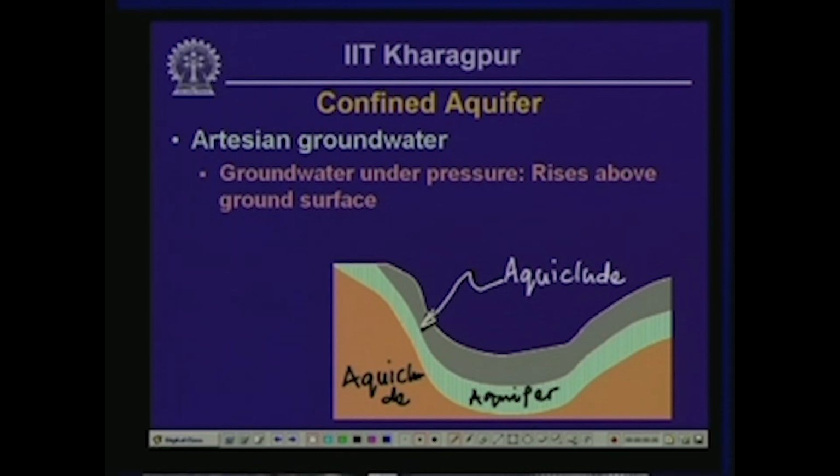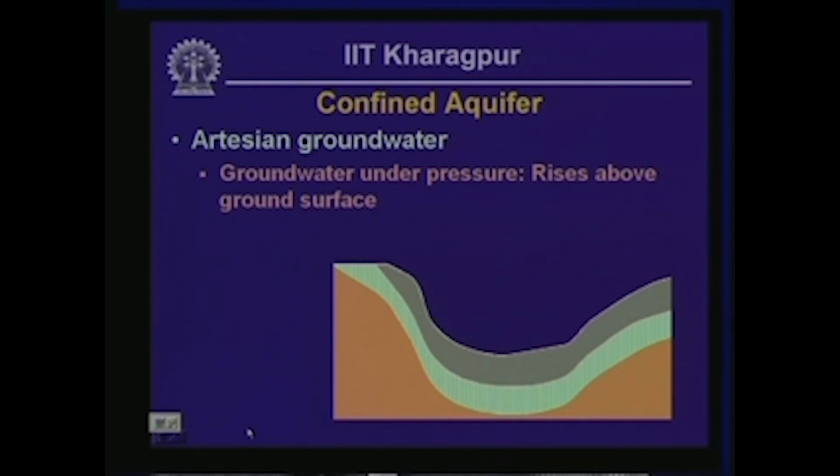So the aquifer in this case is a confined aquifer. You just notice now that the aquifer is exposed to the surface on the left flank of this particular valley upslope, and this is the location from where the aquifer is going to receive groundwater recharge.